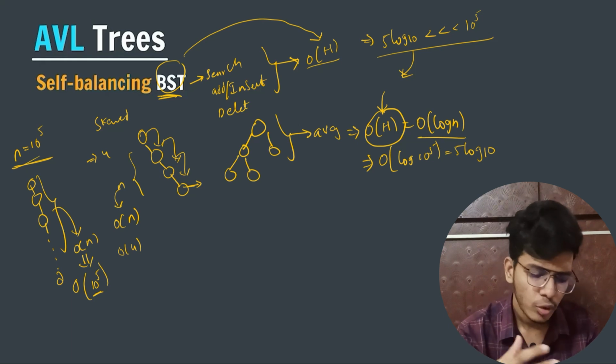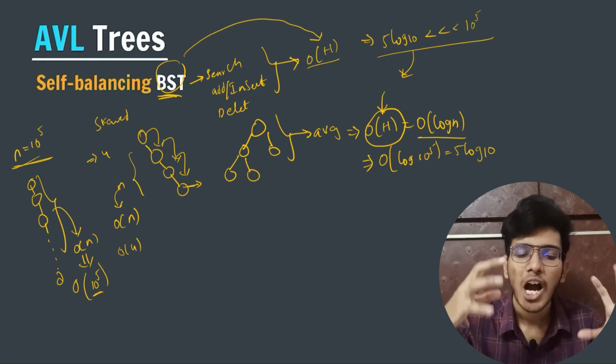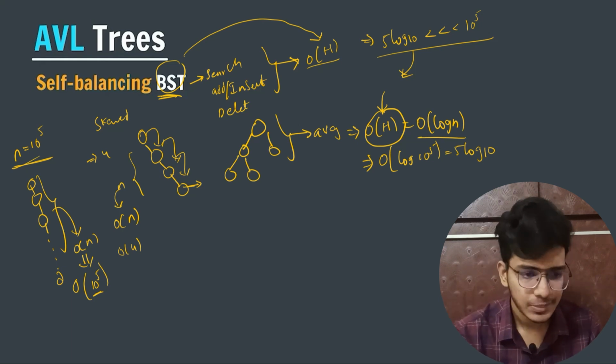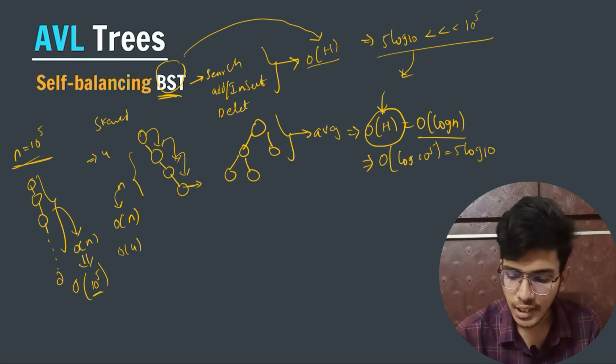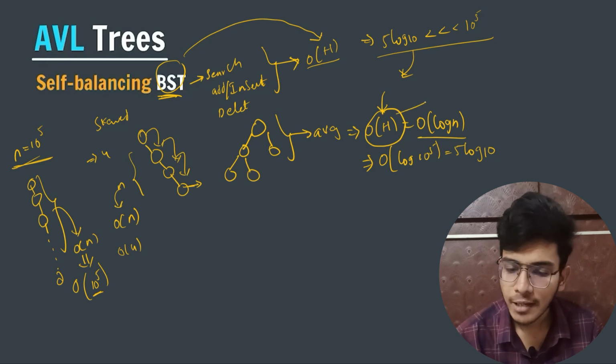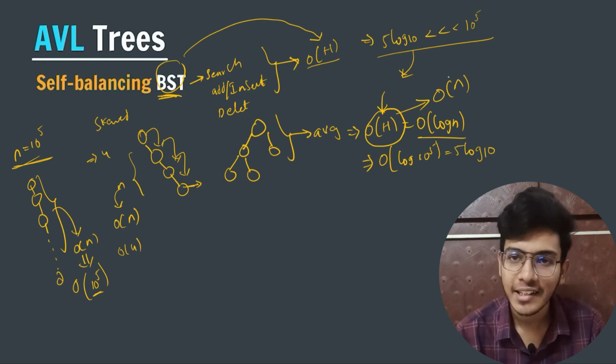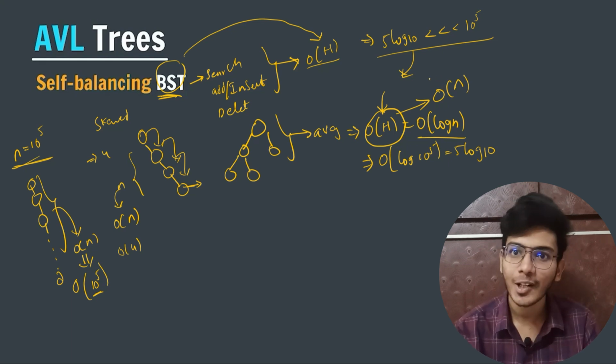Because if we don't create a BST which is balanced, then it will have the time complexity O(n). And if you observe in binary trees, I have written the code and its complexity is also O(n).